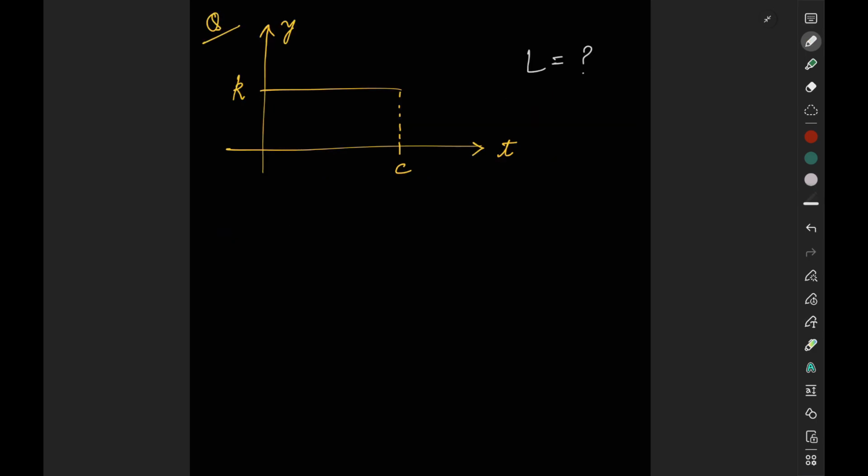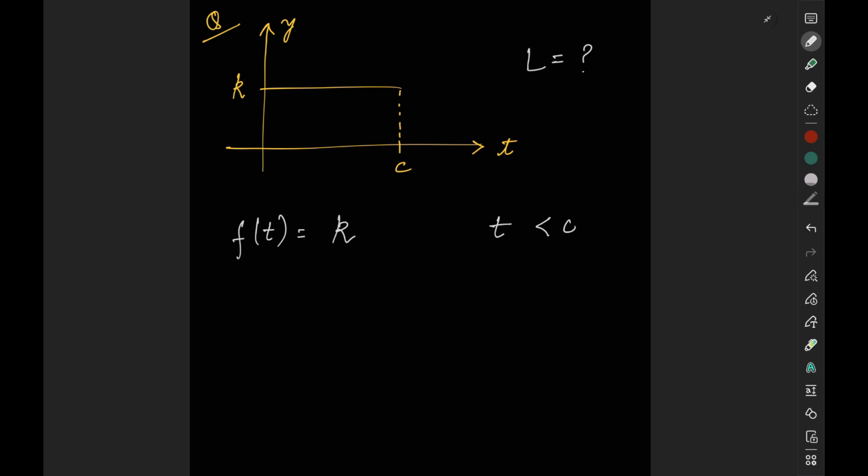Another question. Here we are given a function and we have to find the Laplace of that. Now this function f of t can be represented as k, where t lies from 0 to c. To find the Laplace of this function, we will use the basic integral formula of Laplace.